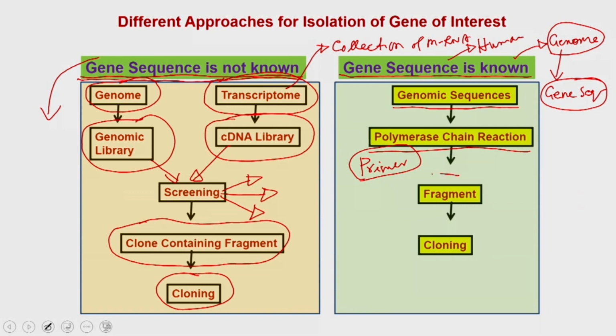By this you are going to get the PCR product, and once you have the PCR product, you can put it into the cloning vector or the overexpression vector, and then you can use these clones subsequently for the downstream applications.